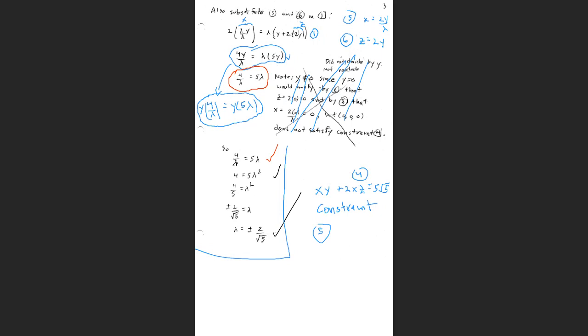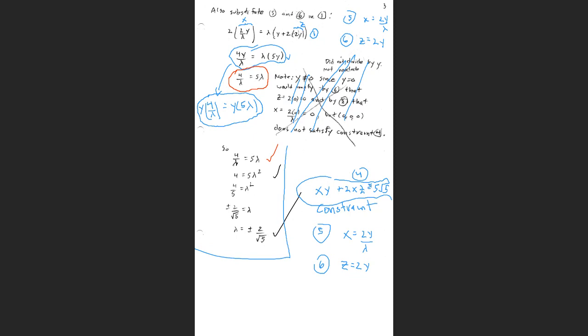Equation 5 was x equals 2y over lambda. And equation 6 was that z equals 2 times y. What I can do is substitute in x and z into the constraint equation.